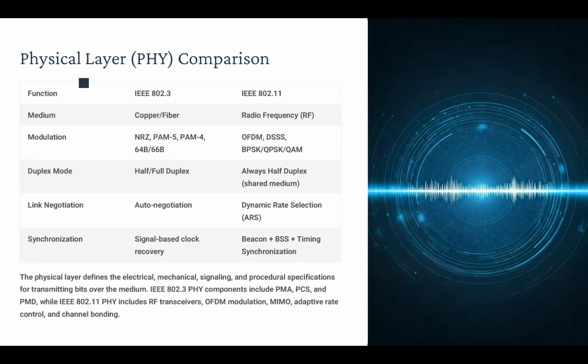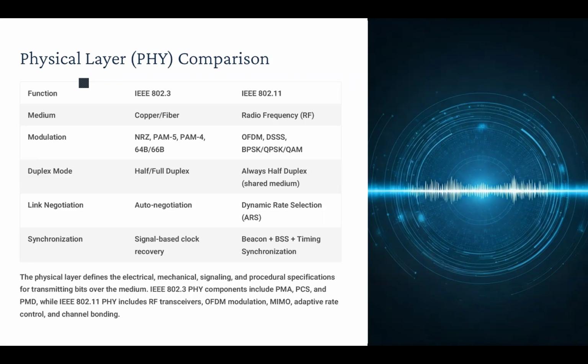With respect to duplex mode, Ethernet supports both half duplex and full duplex. But Wi-Fi operates in half duplex mode, because all the devices share the medium and cannot transmit and receive at the same time without interference. From the link negotiation perspective, Ethernet uses auto-negotiation, while Wi-Fi uses dynamic rate selection.